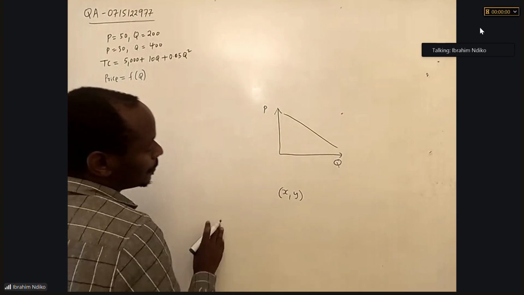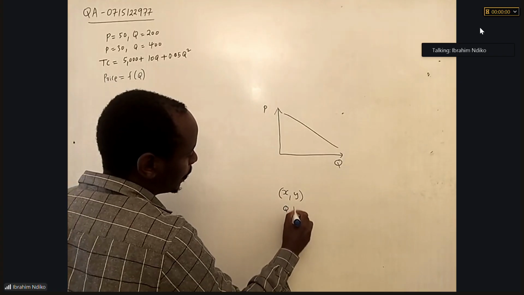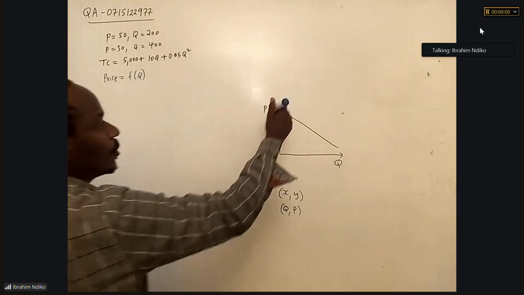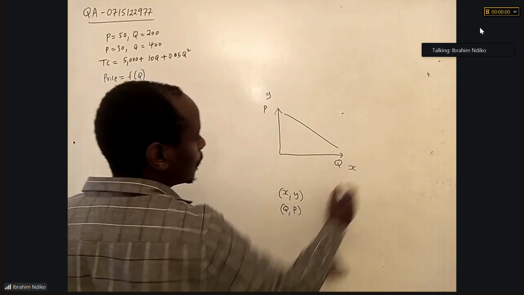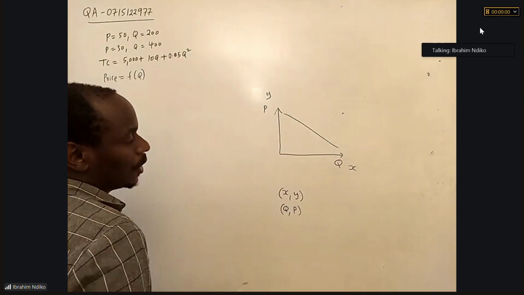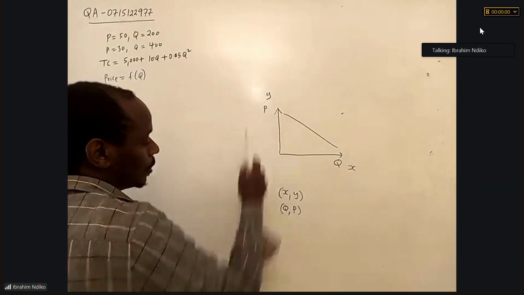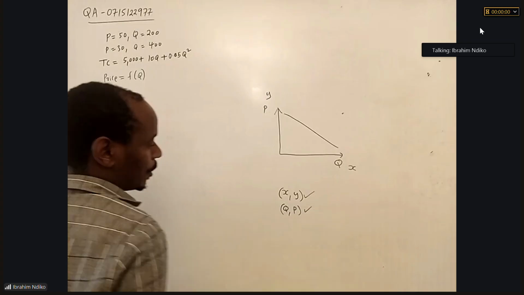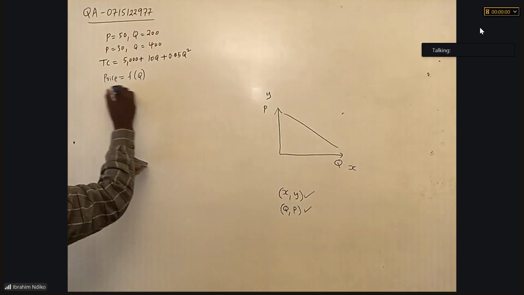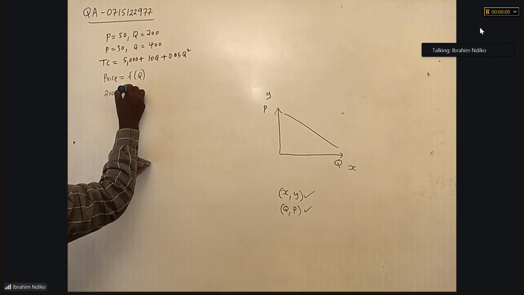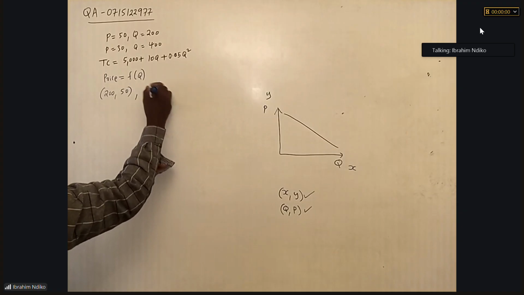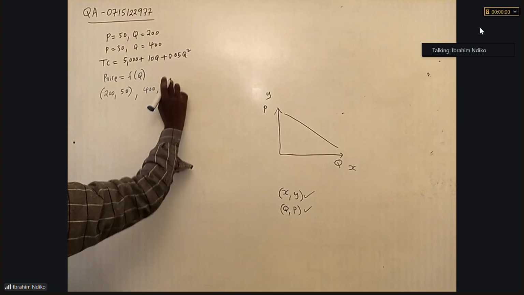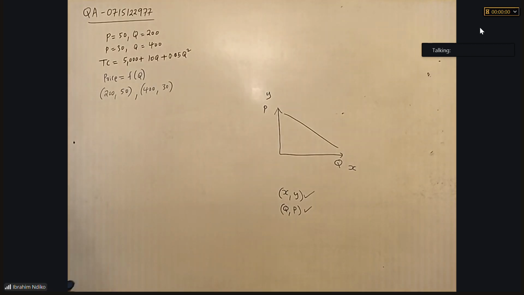So in our case here, it is Q and P. So in reality, P is Y, Q is X. So if you write the coordinates down, it is X and Y. Meaning for P and Q, it will be Q and P. Let us start with the first one, 200, 50. And the second one is 400, 30.